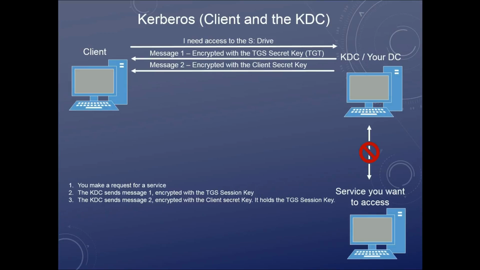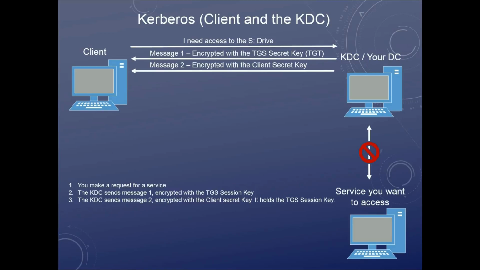And it's also going to hold the session key for the ticket, the TGS session key. It is encrypted with the TGS secret key. There's not anything you can really do with this because you do not have a way to decrypt message 1.